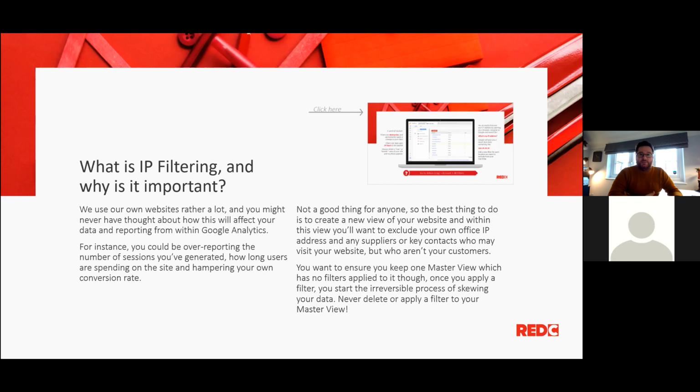They could skew your data. So if I was looking at a client's website to rewrite meta across the site, I would be spending hours on various pages of the site, and that's going to overinflate the amount of time spent on page and the reporting that happens. It's not what you want to do because you're not getting a true reflection.